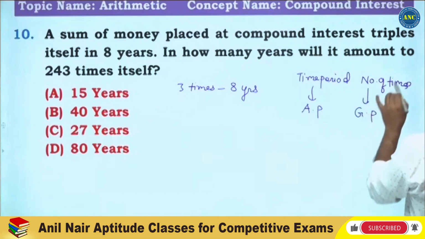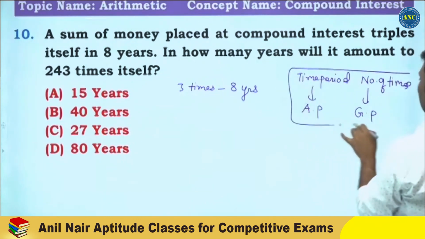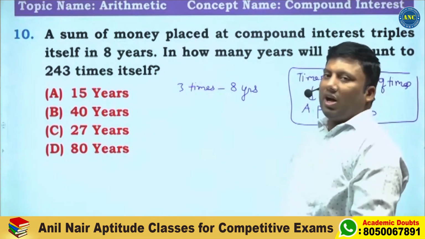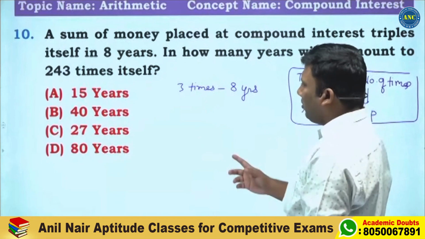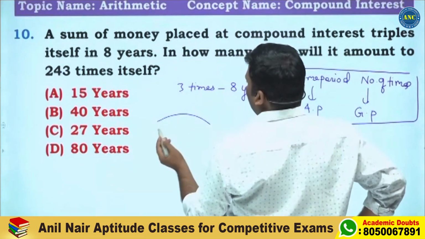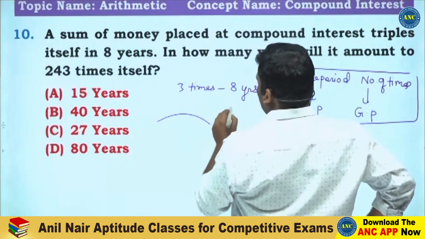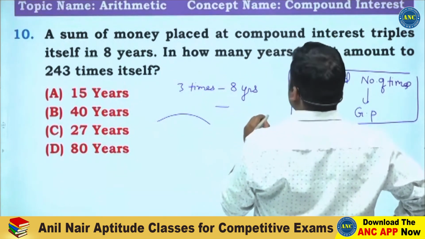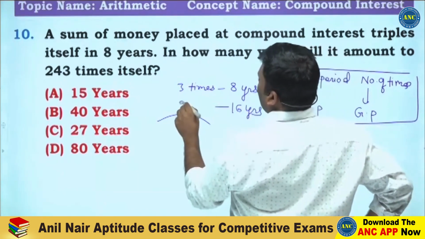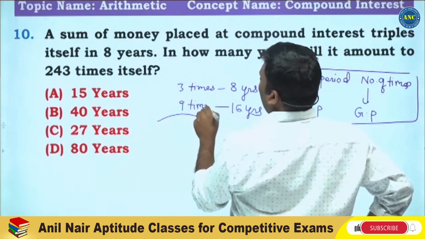Already we discussed this. Time period goes in arithmetic progression, number of times goes in geometric progression. It is 3 times in 8 years. If the time period is in arithmetic progression, in 16 years this will be 9 times. Are you all with me?